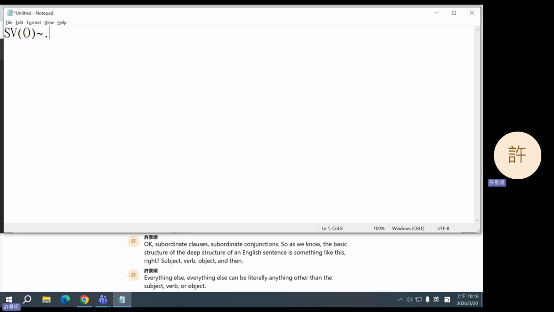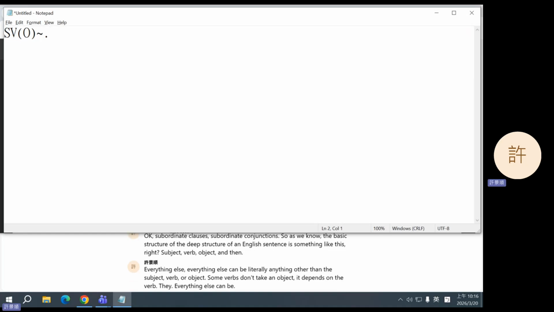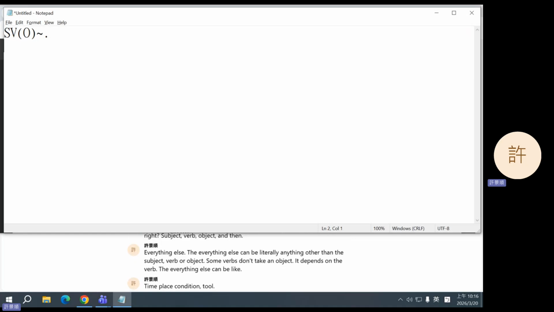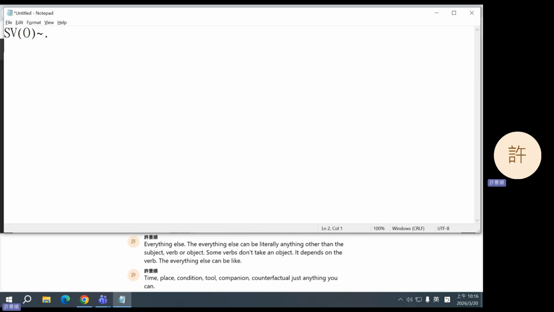Some verbs don't take an object. It depends on the verb. The everything else can be like time, place, condition, tool, companion, counterfactual, just anything you can think of belongs at the end of the English sentence according to its deep structure.